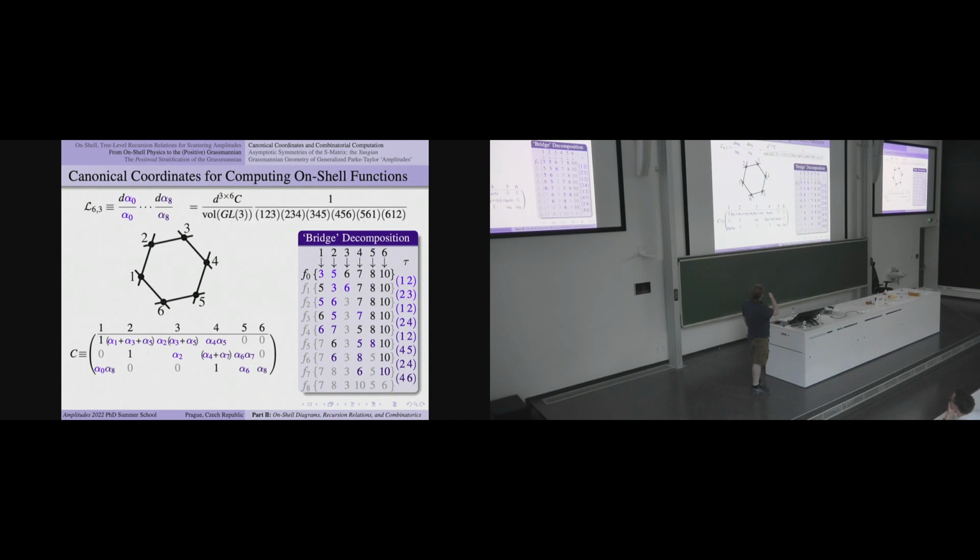It's the 3×6 volume form minus the 9 redundancies. That's what divided by vol GL3 means. It means treating it as a gauge redundancy, eliminating the 9 degrees of freedom. And then it's just a product of all of the ordered minors of this matrix. That looks a lot like Parke-Taylor's denominator.